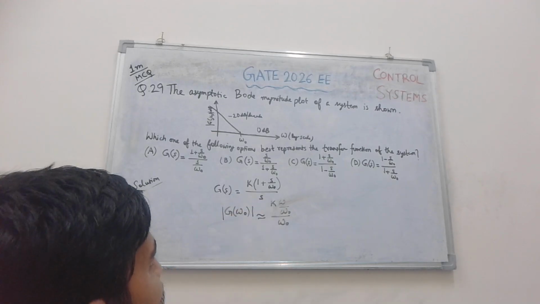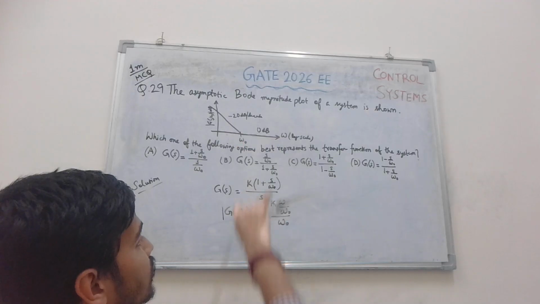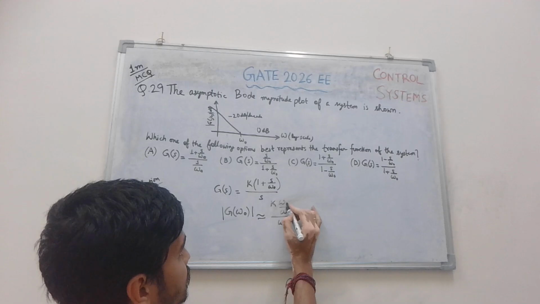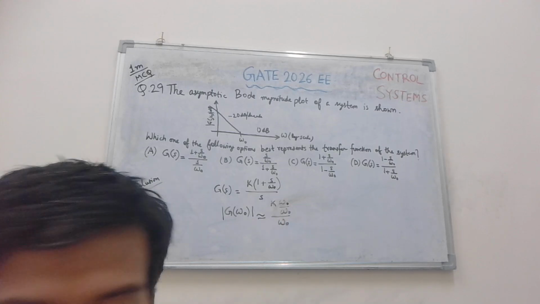Now this one is negative at the point of omega naught, and omega value is also equal to omega naught. Something like this.